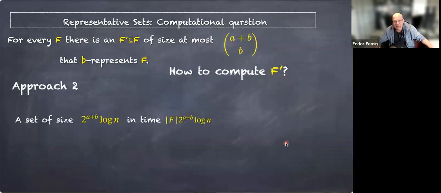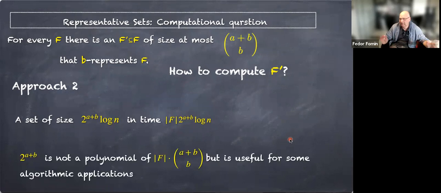Let's try another approach. This time I will give you a set algorithm which outputs a representative set of size 2 to the power a plus b log n, in time the size of the family times 2 to the a plus b log n.